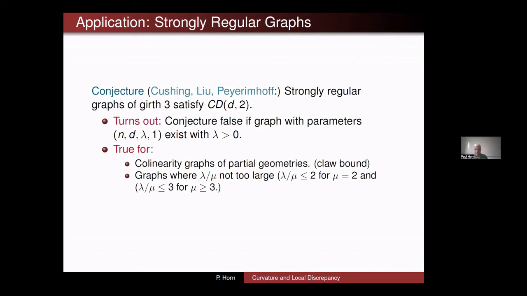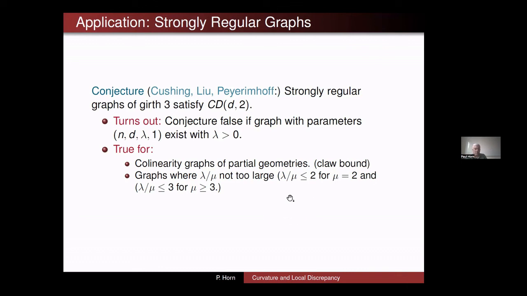However, there are many cases in which we can use our discrepancy inequalities and the techniques we've developed to show that this is true. So certainly for collinearity graphs of partial geometries, which appear in this kind of claw bound, we can show that it's true. And also graphs where lambda does not exceed mu by too much.